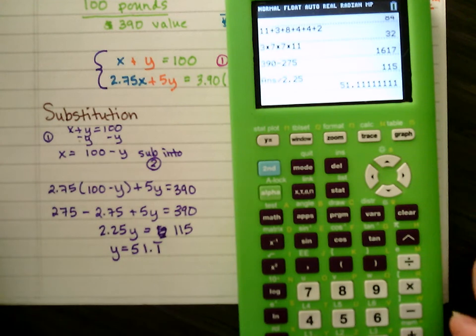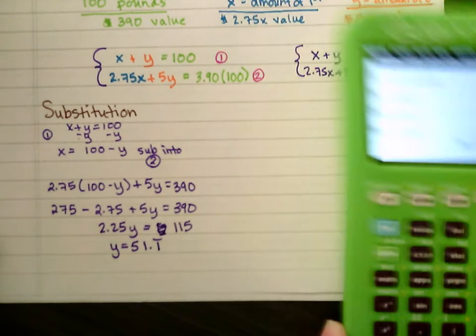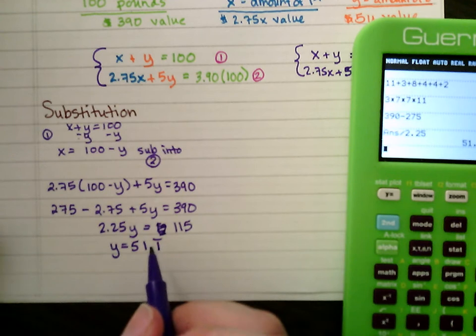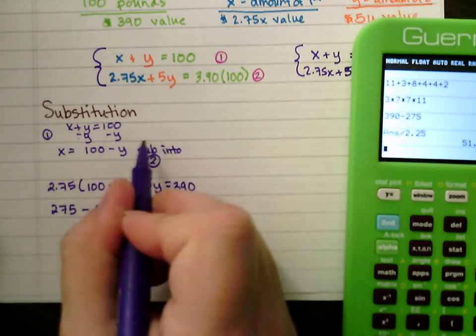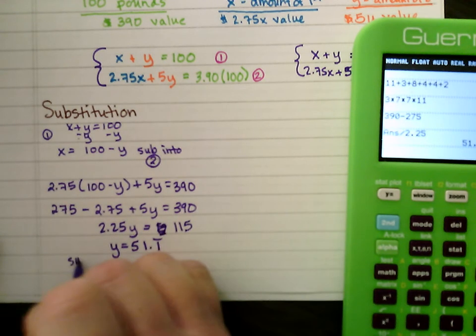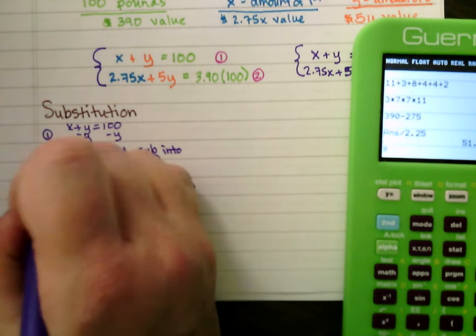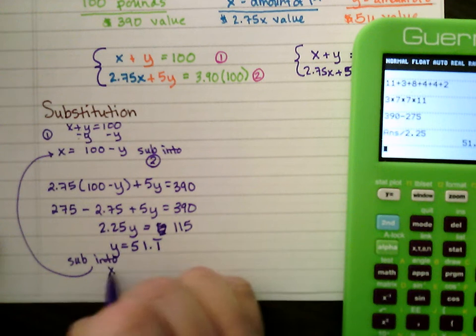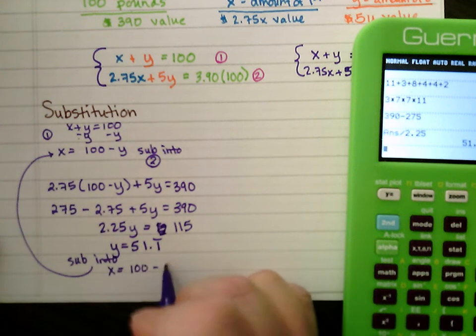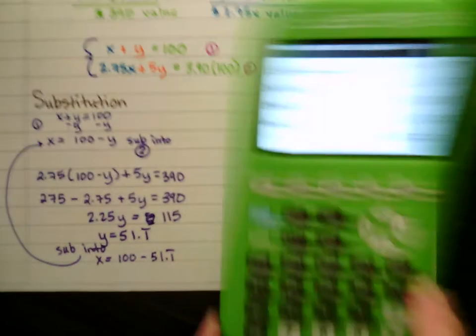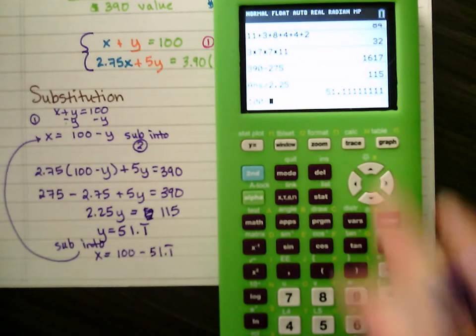Normally then they'll tell us what to round to. So once I know what y is, I can get what x is by subbing that back into this equation here. So then x would equal 100 minus 51.1 repeating.